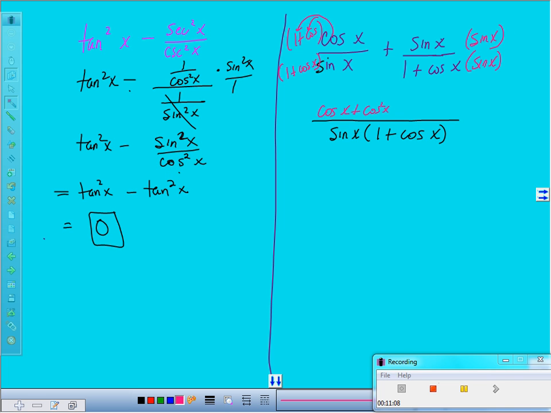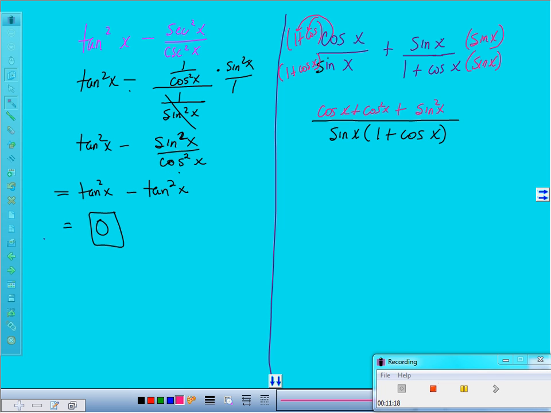So I would multiply both top and bottom of it by sine, which for the numerator will make it plus sine squared. For the denominator, it's sine times 1 plus cosine. Now, why didn't I distribute the sine through the 1 plus cosine? You're hoping something's going to cancel. So don't distribute it if you can't help it, because you actually want to try to get it to stay in that form and hopefully cancel something.